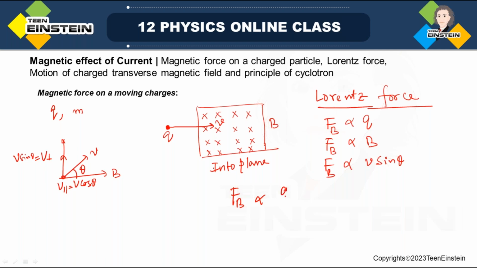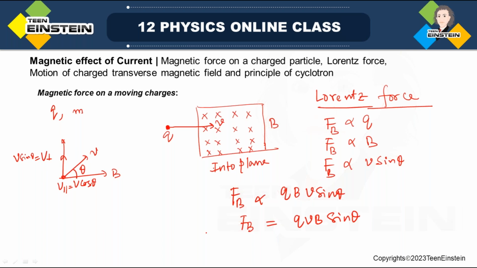We get Q B v sin theta, and it is observed that the proportionality constant is unity. So this is F = Q v B sin theta.